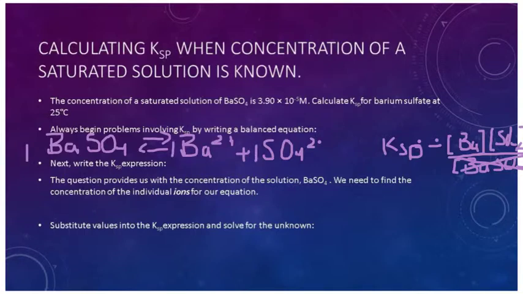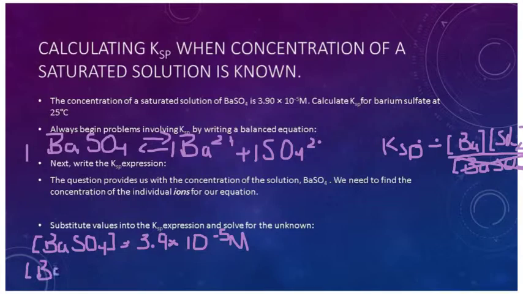If 1 mole is being broken down, all the concentrations are going to be approximately the same. So that means the concentration of the BaSO4 is 3.9 times 10 to the negative 5 molar.